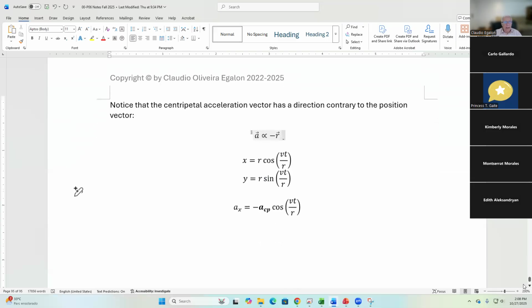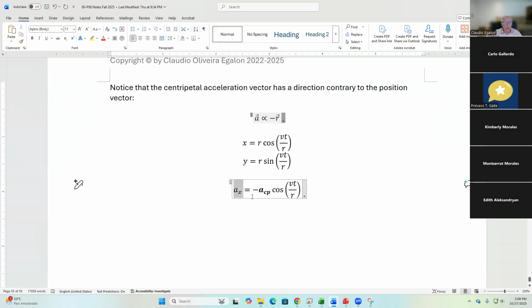Consequently, the x component of the acceleration vector is going to be minus this guy here, let me just remove this one for now, okay? Minus this guy here, multiplied by a factor that's going to be the magnitude of our centripetal acceleration, okay? And you write the same for the y component of the centripetal acceleration. You're going to have a minus a CP times.